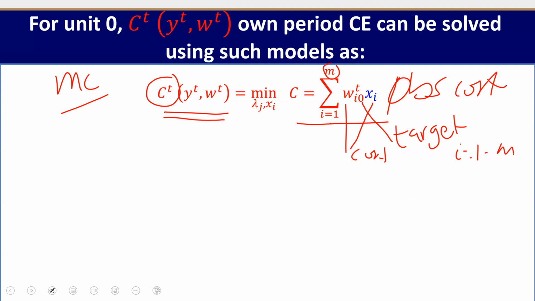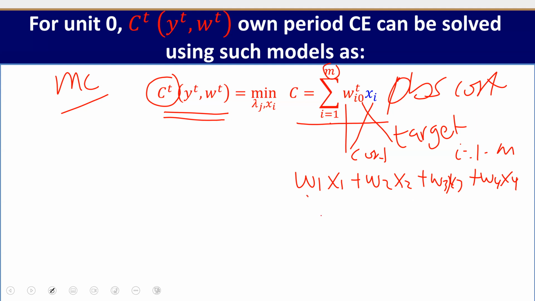I'm going to minimize that. It's something like W1 X1 for the first input, plus W2 X2 for the second input, plus W3 X3 for the third input, plus W4 X4 for the fourth input, and so on. That is what makes up the summation.